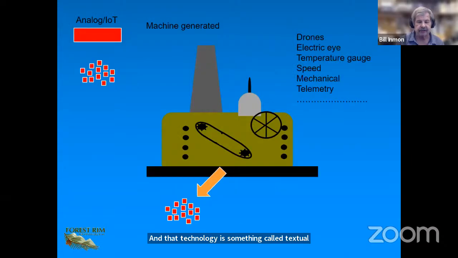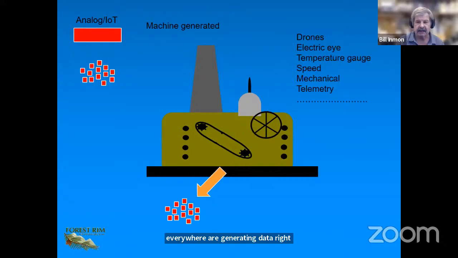Now let's go to the third kind of data that we have, and that is analog IoT data. And what is analog IoT data? It's machine-generated data. You may not be aware of it, but machines around you everywhere are generating data right and left.